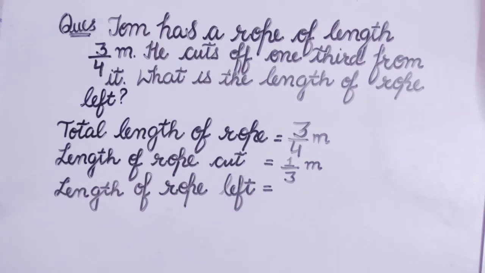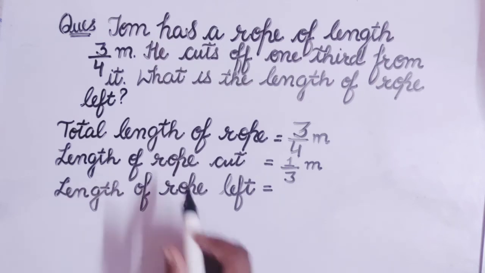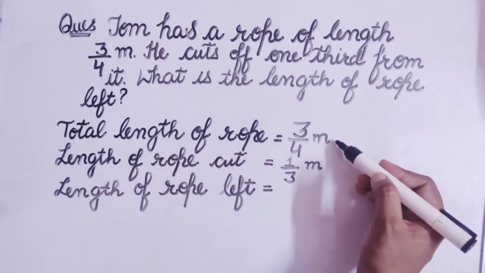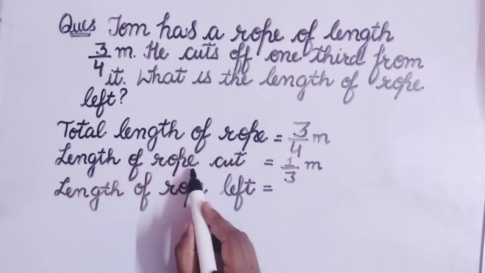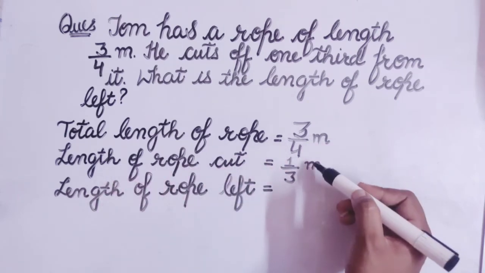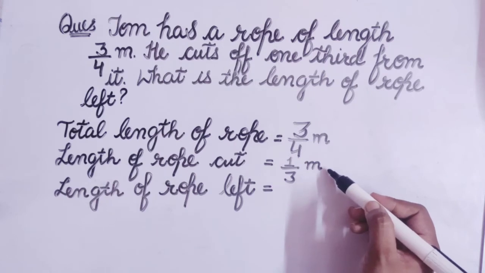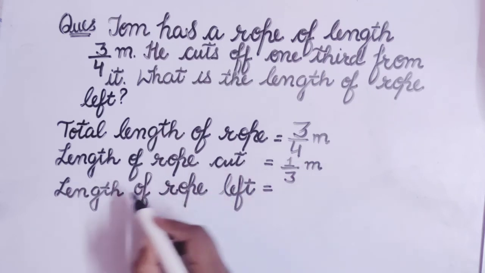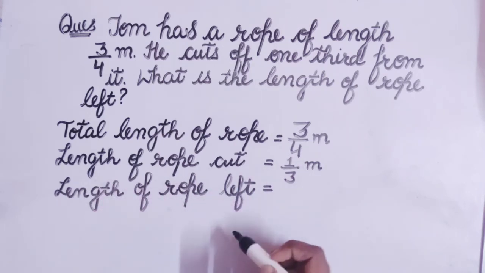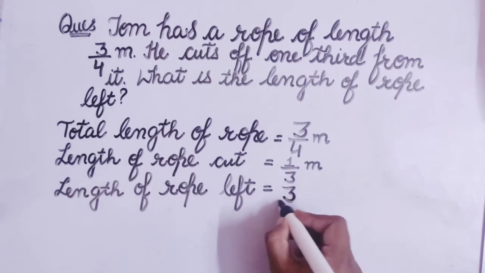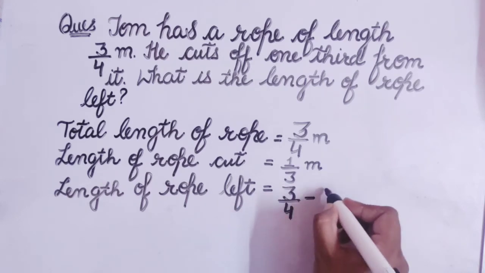Yes, when we are talking about left, it means how many are left. कितनी रह गई? For that we are required to subtract. So the total length of rope is 3 by 4 meter. The length of rope which is cut is 1 by 3 meter. Now we have to find the length of rope left. So for that purpose we will subtract them.